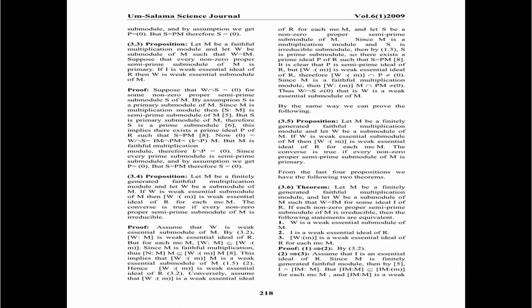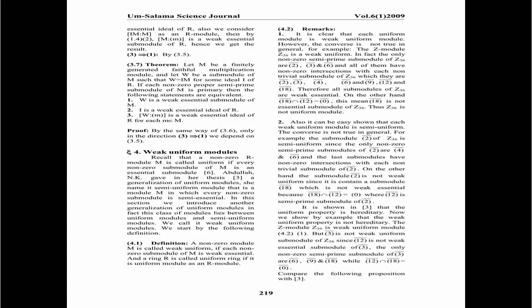W is weak essential submodule. 2. I is weak essential ideal of R. 3. The residual (W : m) is weak essential ideal of R for each m belonging to M. And I proved this theorem.